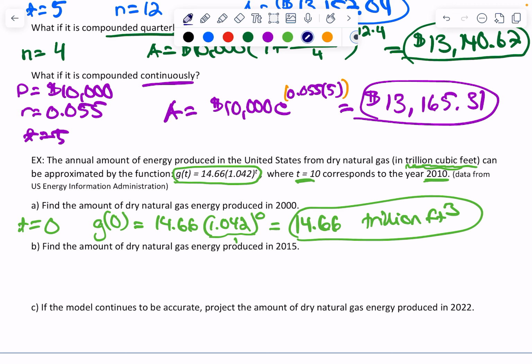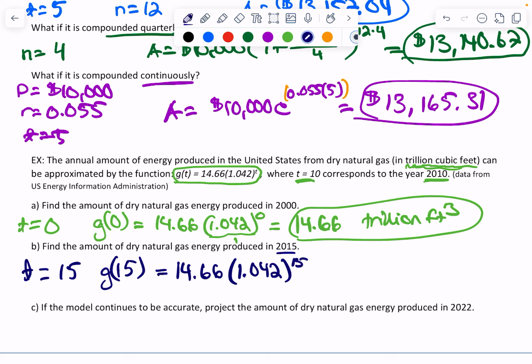Okay, next one. Find the amount of dry natural gas energy produced in 2015. So if 2000 is 0, then 2015 is going to be 15. G of 15 equals 14.66 times 1.042 to the power of 15. That ends up being 27.17 trillion cubic feet.